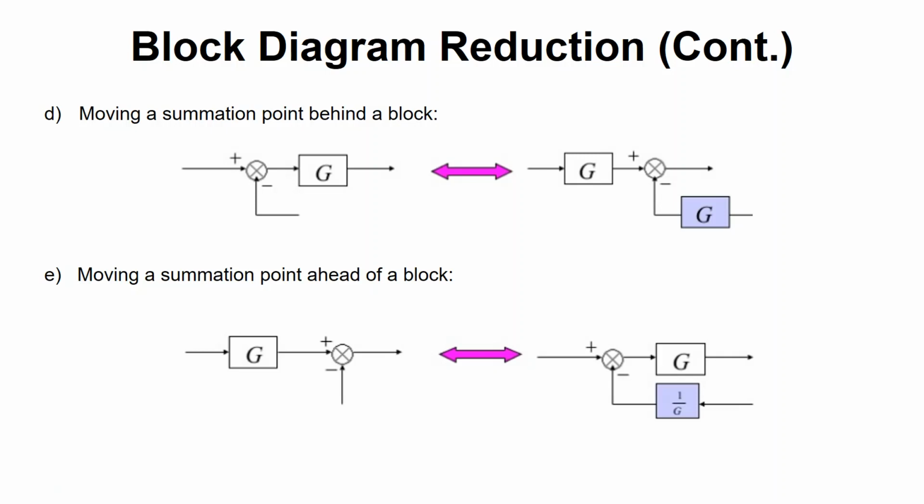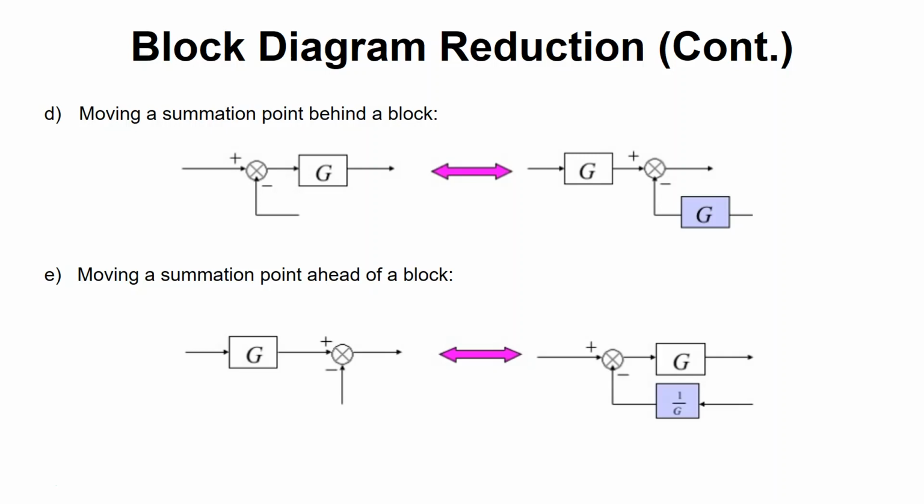On the other hand, if you move it from right to left, or from ahead to before, then to the feedback you have to add the reciprocal of G to have the same behavior.